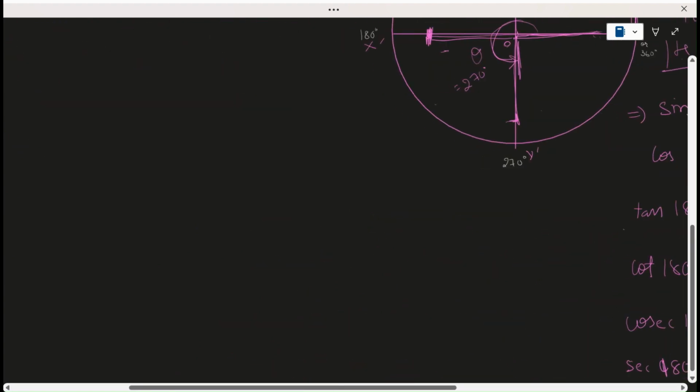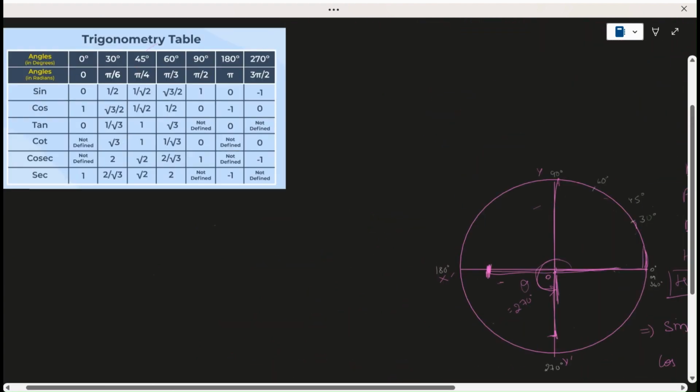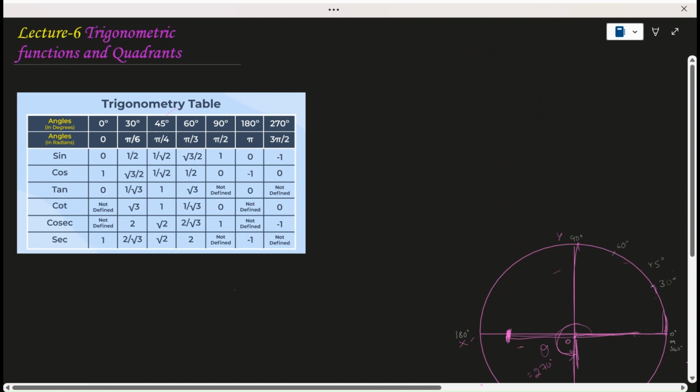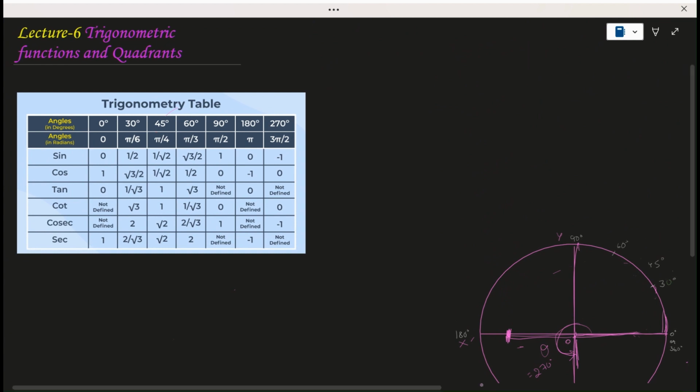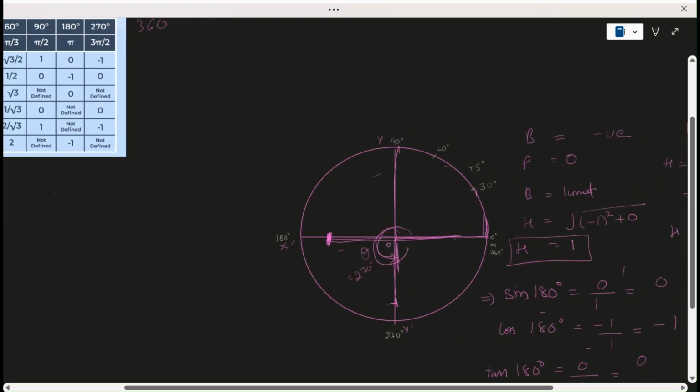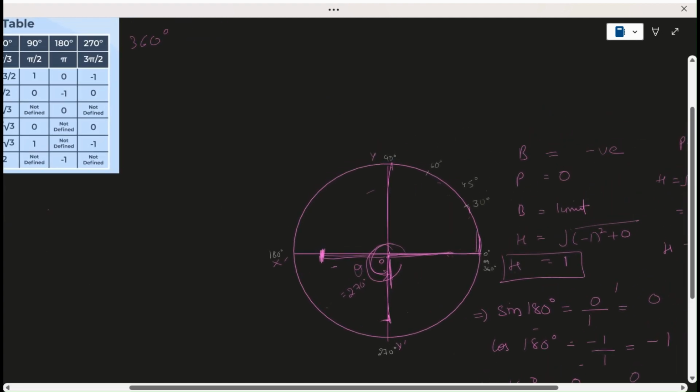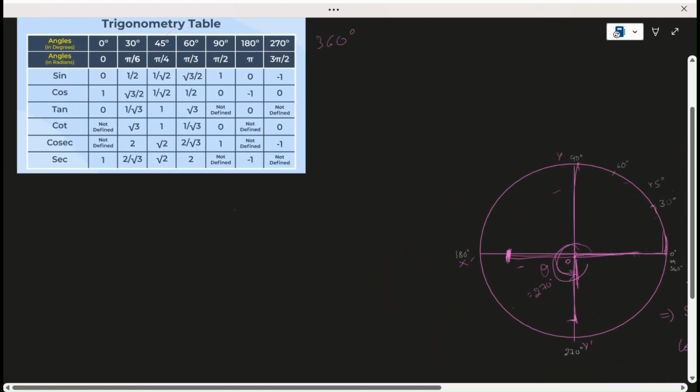Let us now see in the table whether our values are right. For sine we calculated minus 1, correct? Cos 0, tan not defined, cot 0, cosecant minus 1, and secant not defined. Another value we have here is 360 degree. When we complete 360, we reach the 0 point, so these values will repeat.